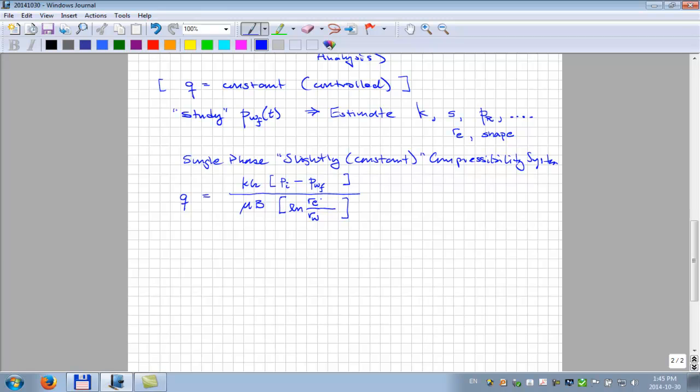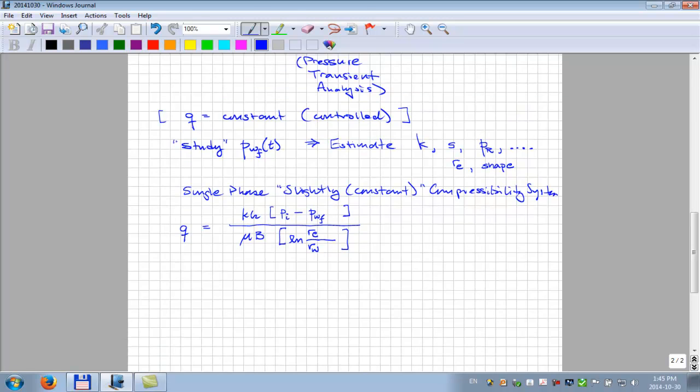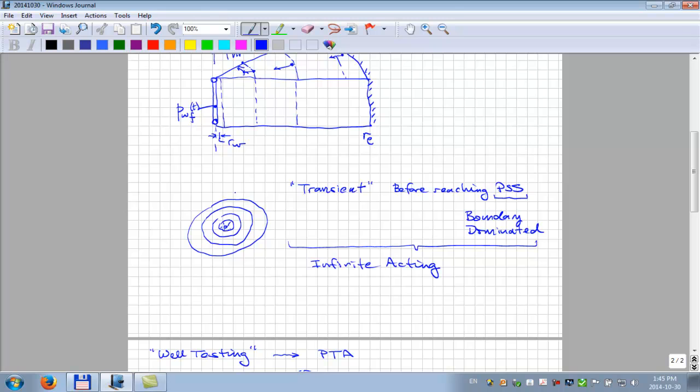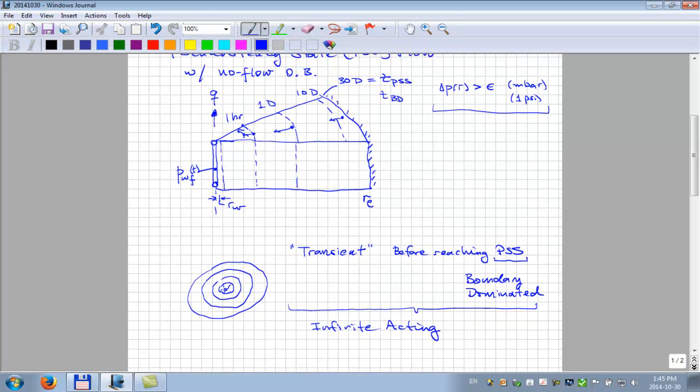And you can actually use this equation to understand this infinite acting behavior. Because what you can do is say, if I can track the distance here, if I know at a given time how far I am affecting this threshold pressure drop, in other words, if I know this distance at a given time, then effectively this is my local RE at a given time.